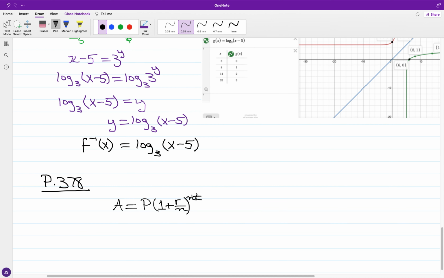So you have P times the quantity of 1 plus r over n raised to the n times t power. And for the layout, let's see, from the group on page 378, I have the numbers.